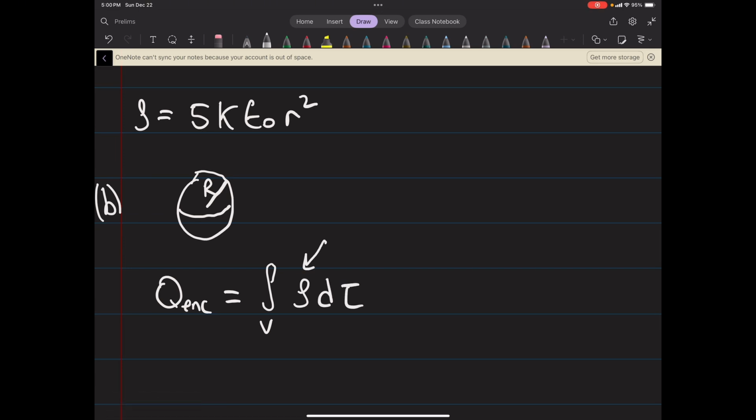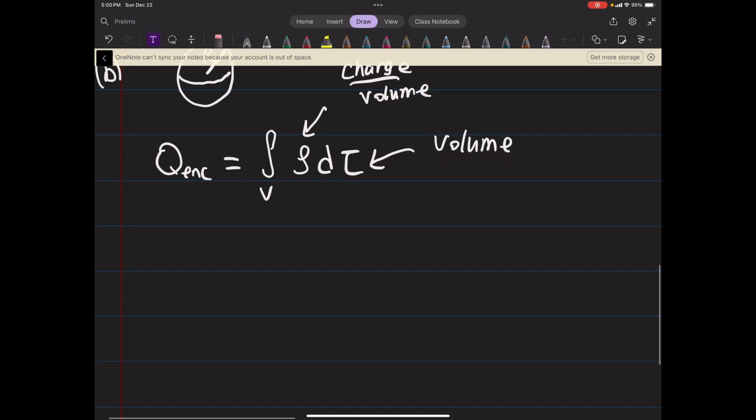This is your charge per volume, and this is a volume element. Essentially you're adding up all the charges. So we can just calculate this integral. It's a triple integral, but it's a pretty easy one to handle.